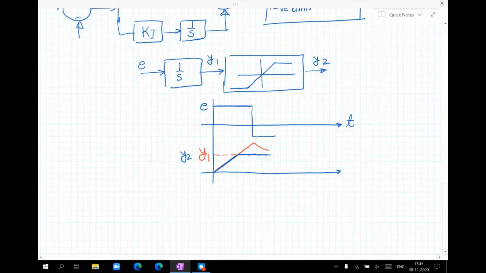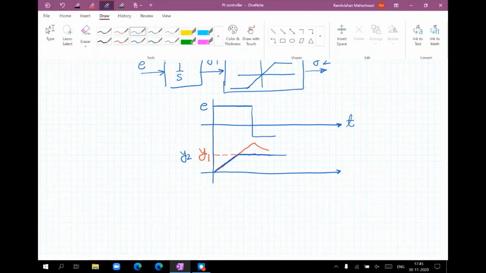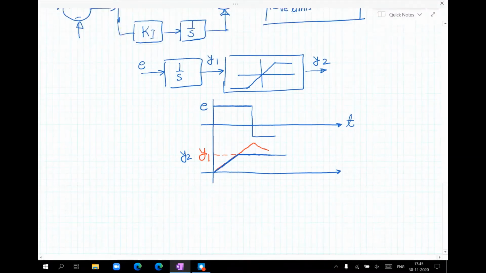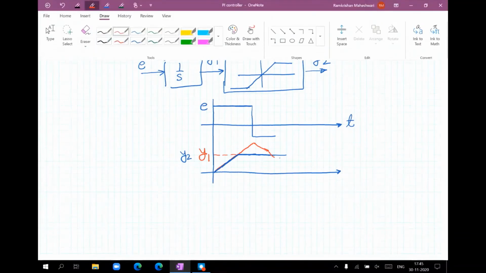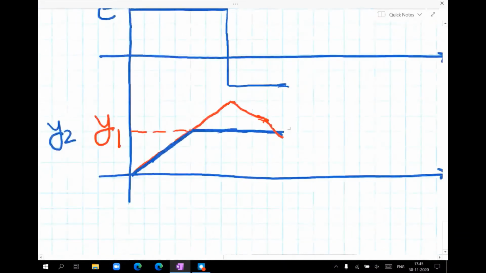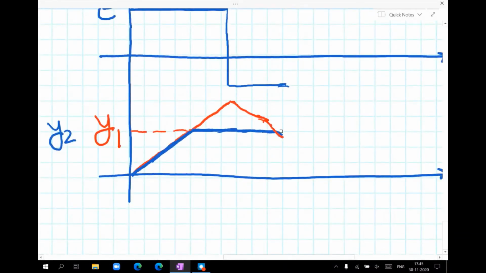And the output y2 will remain at this level until y1 goes below the maximum limit. So at this condition, y2 will follow y1 like this.